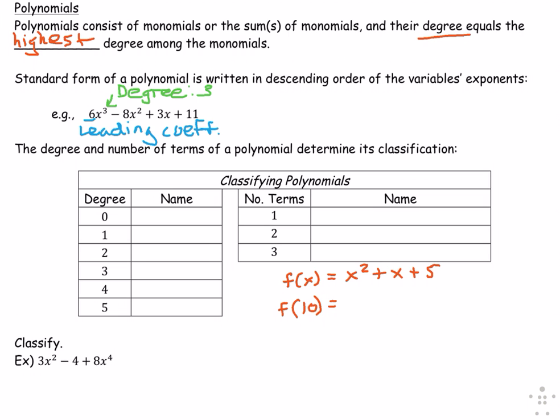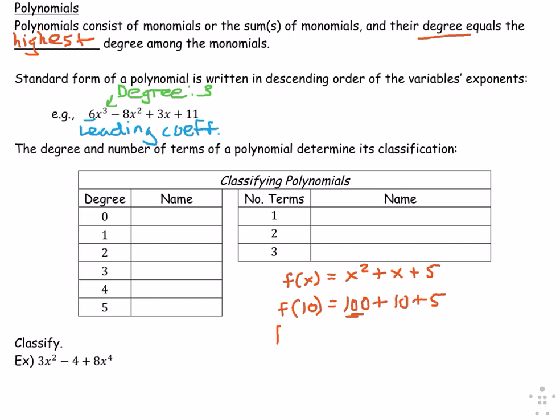That would be 10 squared, or 100, and then just plus 10 and plus 5. Notice the x squared term is the largest of the three, so that is contributing the most to what the output is going to be characteristically.